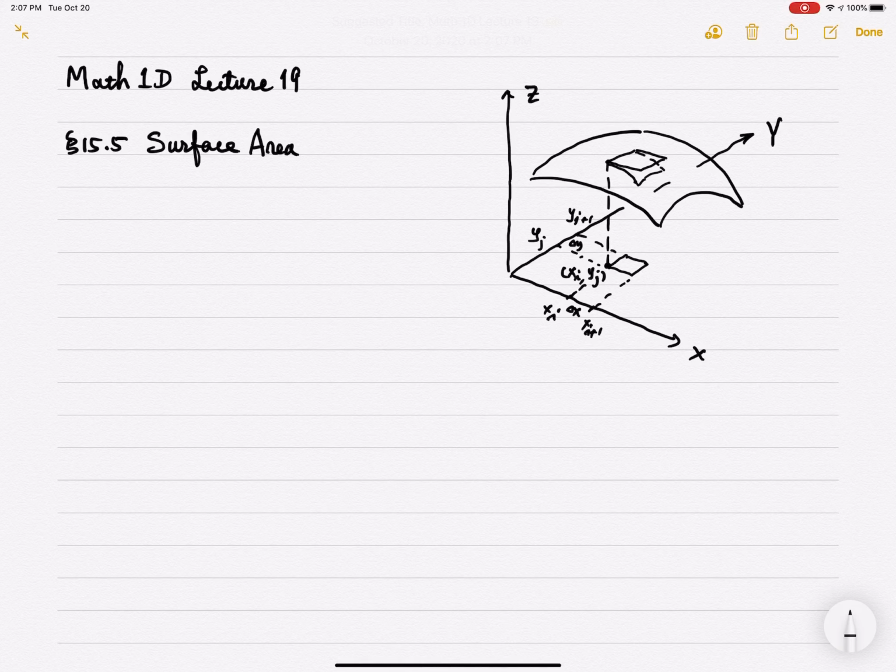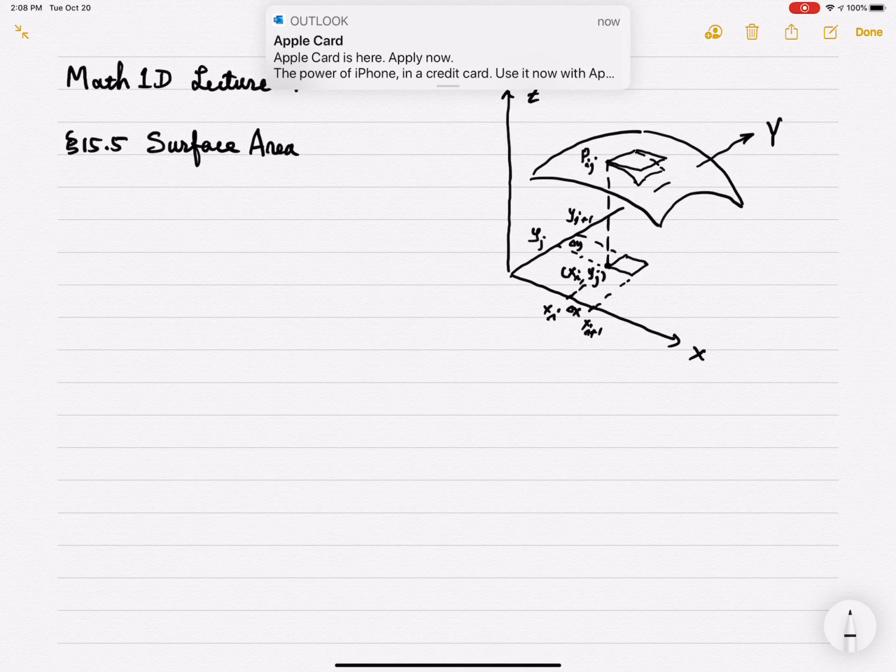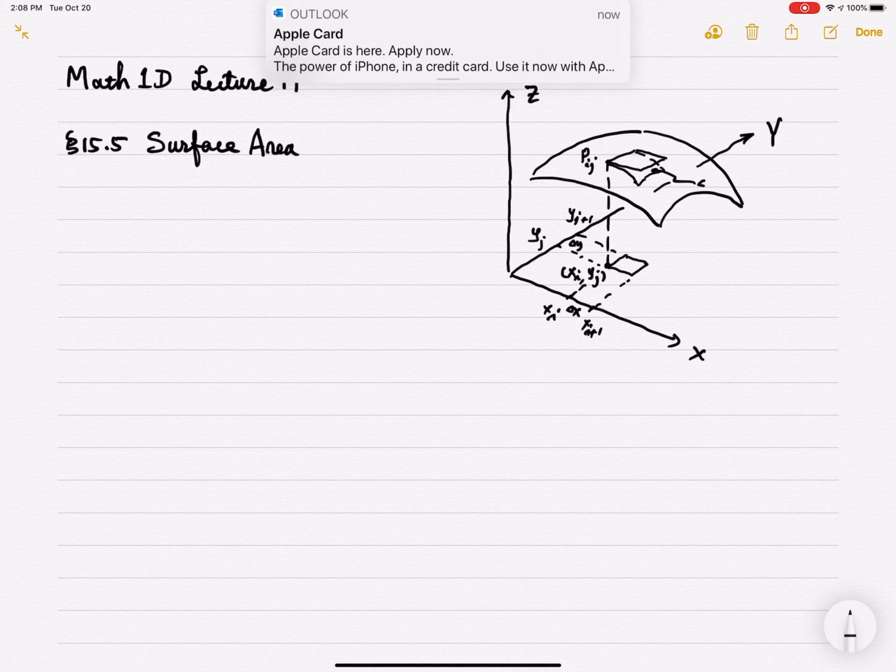We call this point Pij. Now this part we call delta Sij.